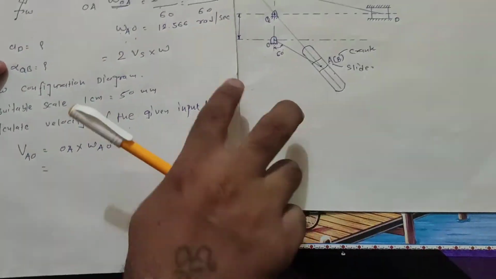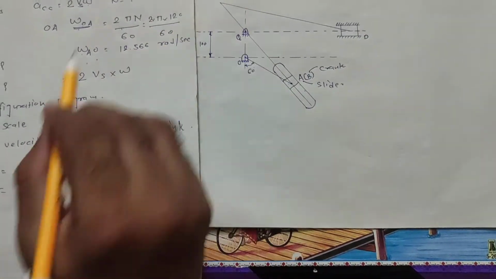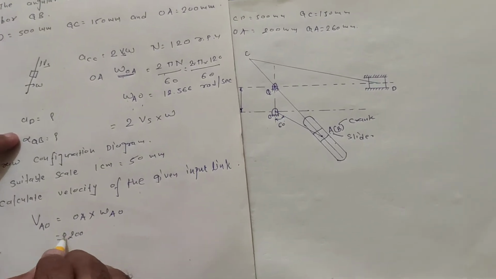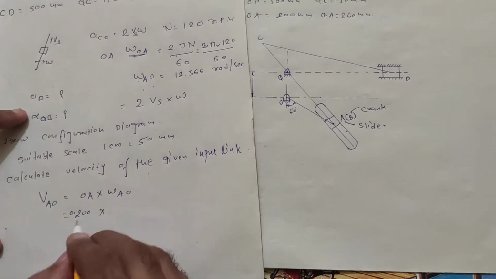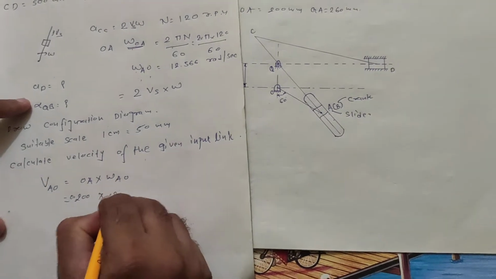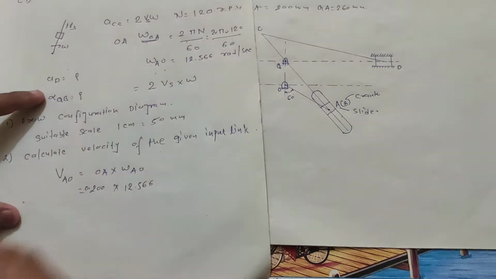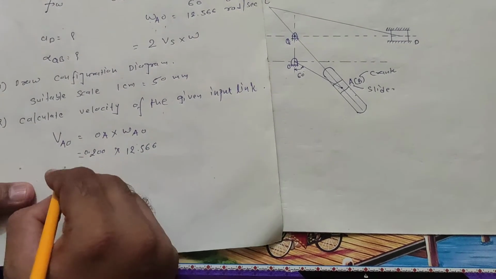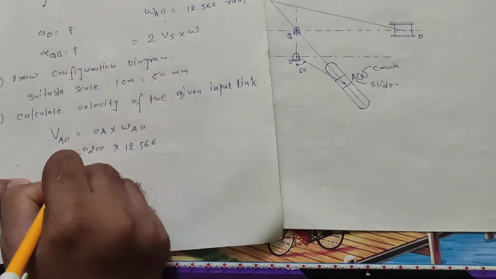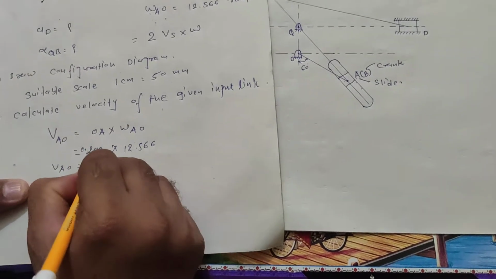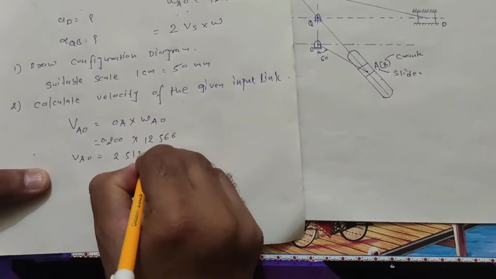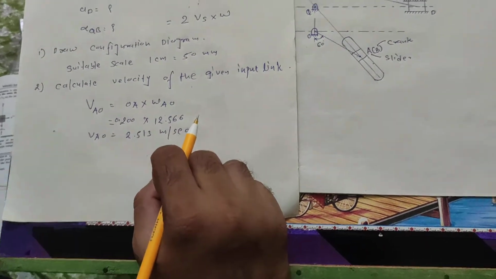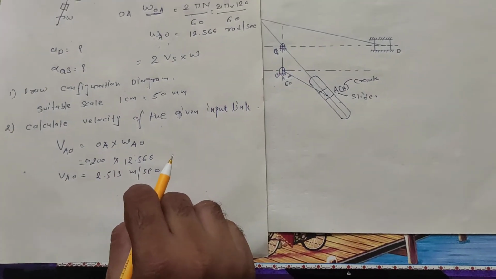OA is given as 200 mm, which may be converted into meters as per our requirement, and then 12.566. So from the calculator, we can easily find VAO is equal to 2.513 meter per second. This is the given input velocity of the given input link.